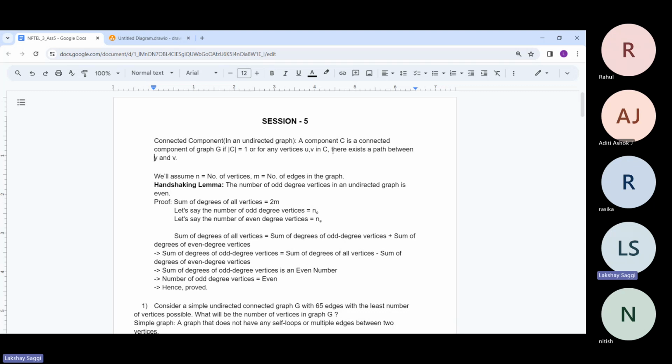Something like this. So do you get the definition of connected component, Rahul?